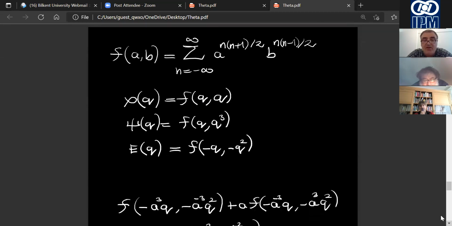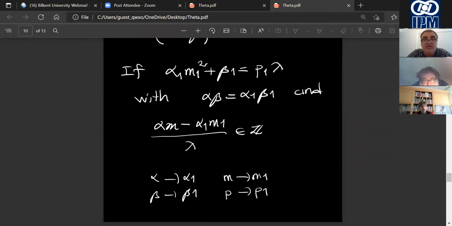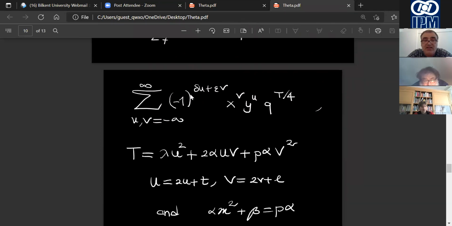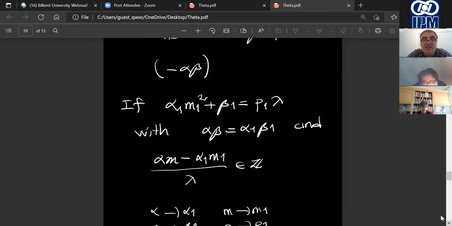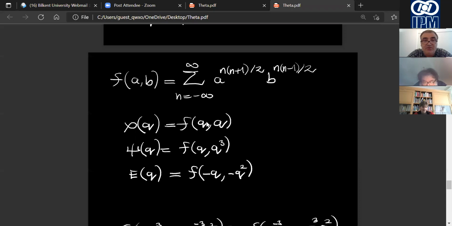Now, when you apply this formula here, as I said, this is going to be a sum of products of theta functions where the weight of these theta functions will be P and alpha. By weight, I mean this. For example, this function has weight q squared, this function has weight q to the 4, q times q cubed, this function has weight q cubed.